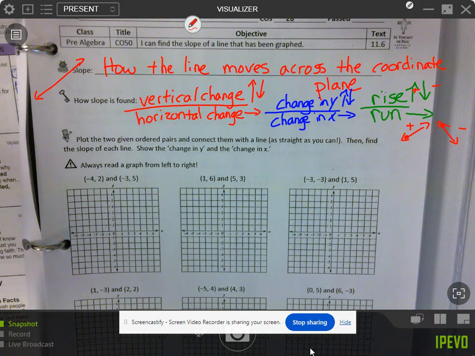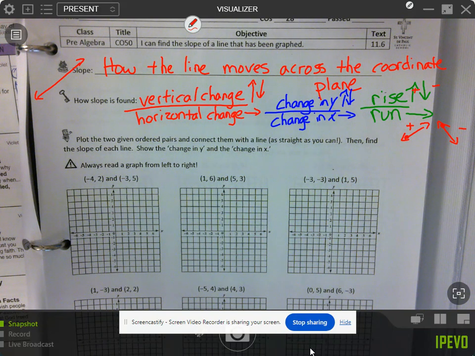Another thing to keep in mind, our slope is going to look like a fraction. What do we always do with fractions before we finish? Reduce. Simplify, simplify, simplify. If you get an 8/4 and you write that as your answer, it's going to be wrong because you didn't simplify.